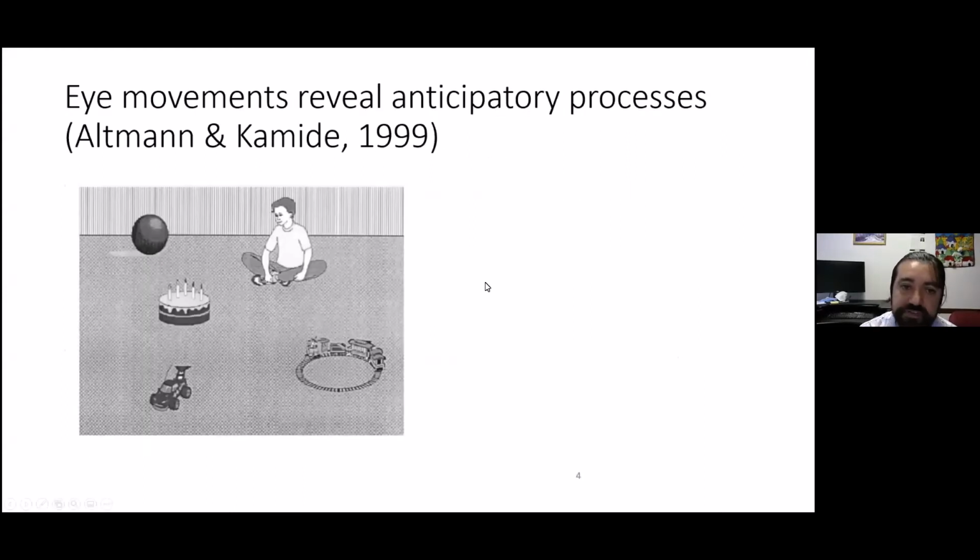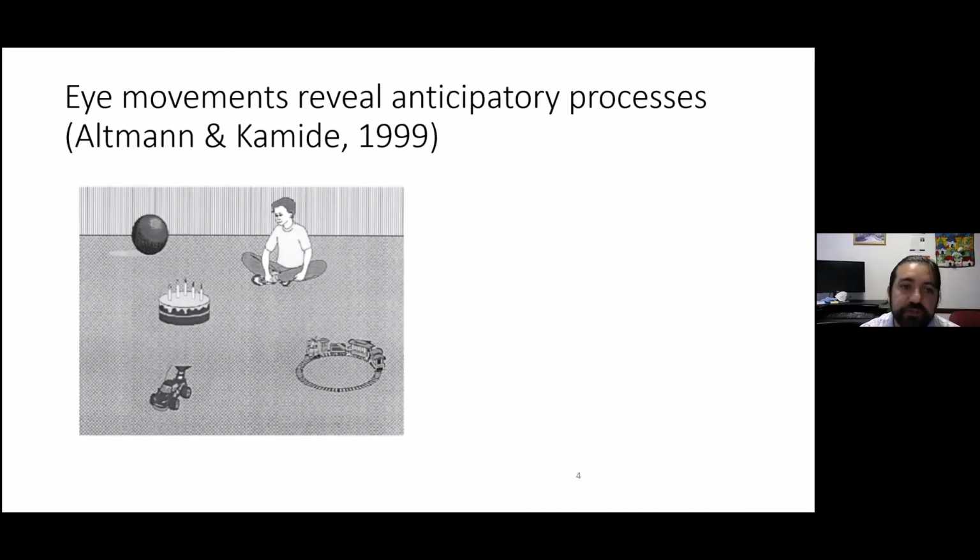So just to give you a sense of the incremental and predictive processing that we know from sentence processing, I'm talking about here a very classic finding, in my opinion easy to understand. We see in this work from Altmann and Kamide from 1999 that they use a visual world eye tracking paradigm to look at the effects of verb semantics on anticipatory eye movements, which are taken to be an index of predictive processing.